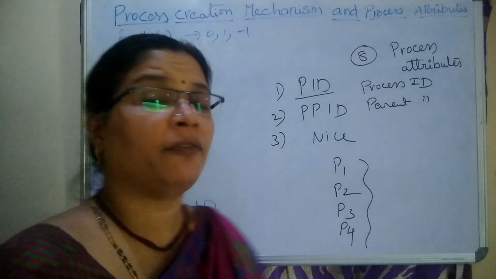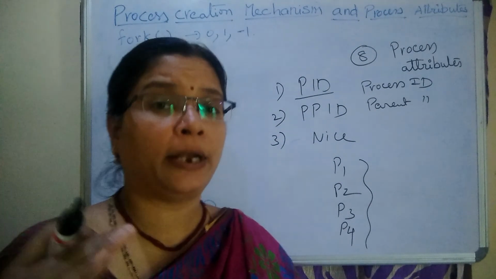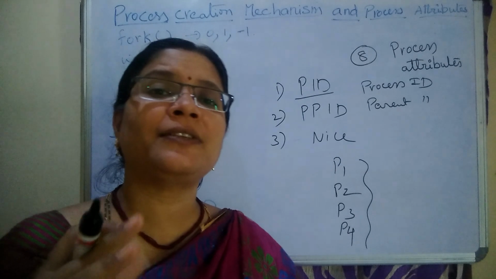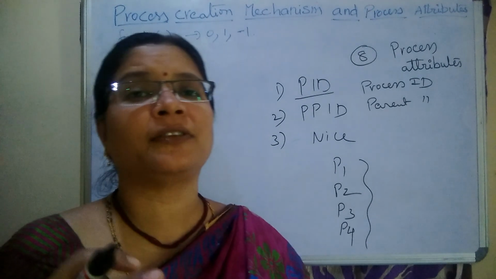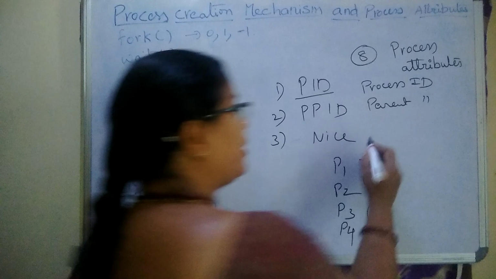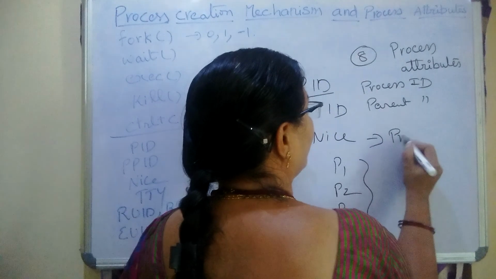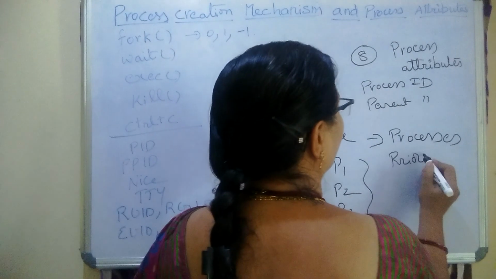Which process has the highest priority? Which has the lowest priority? The highest priority processes are handled first and executed. The lowest priority processes stay in the waiting state. These processes can be prioritized with the help of the NICE command.